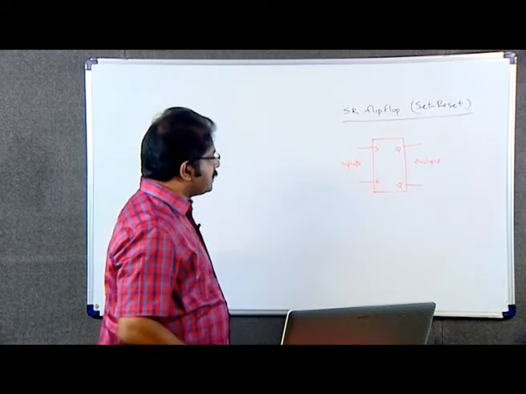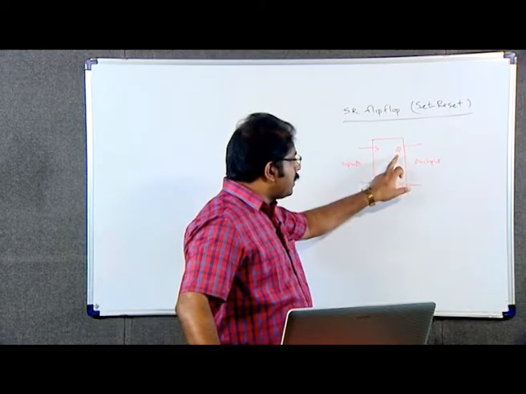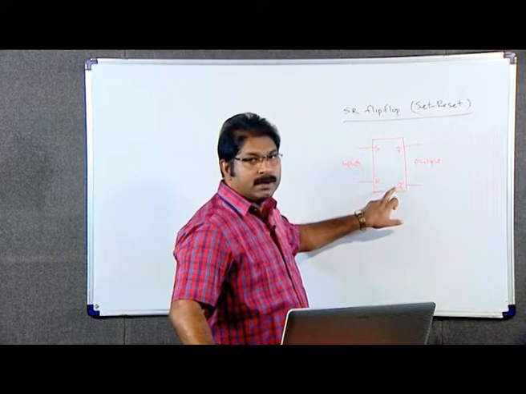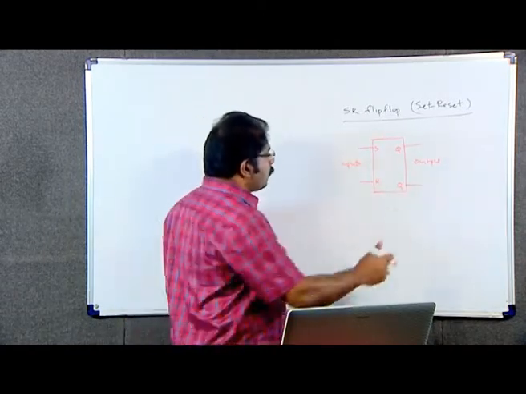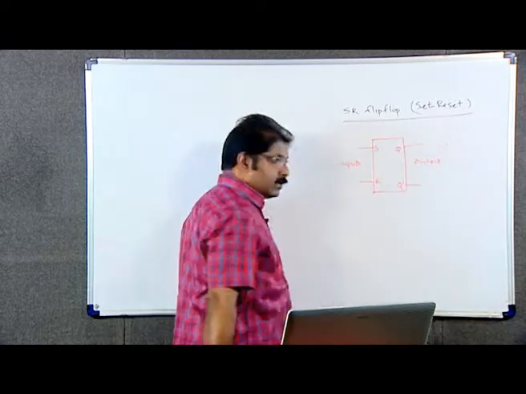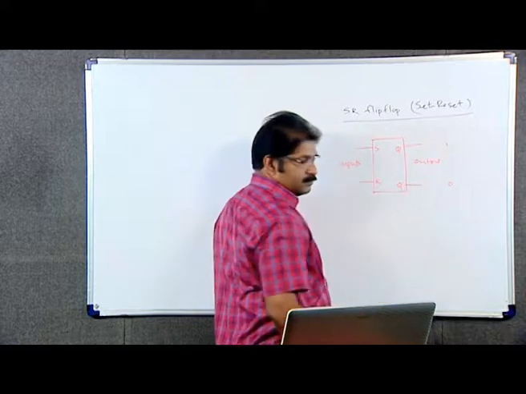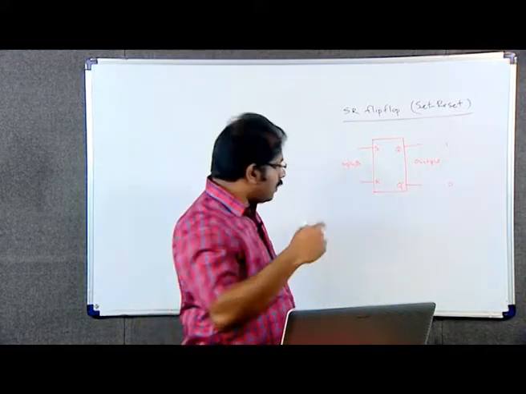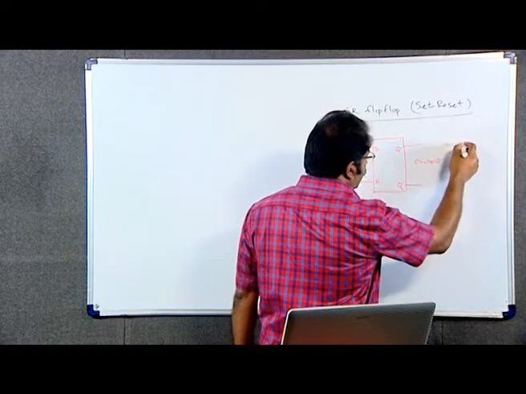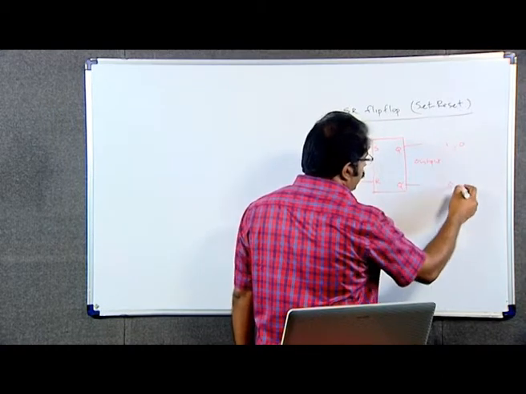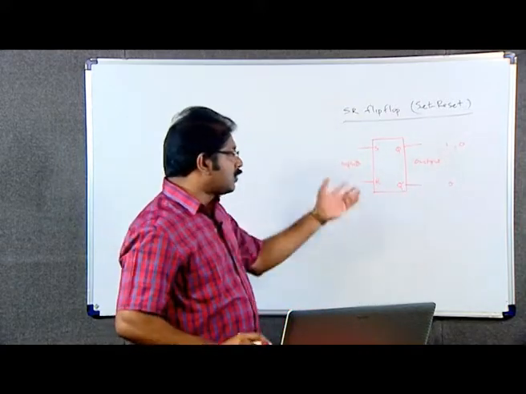The speciality is that Q and Q complement are complements of each other, which means if you have an output of 1 at Q, Q prime will be 0. Or the other way, if the output of Q is 0, then Q prime or Q complement will automatically be 1. As the name indicates, it is a complement of Q.